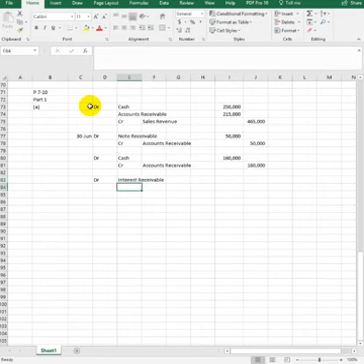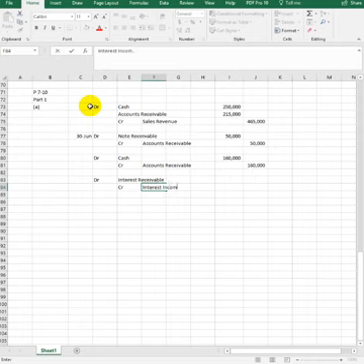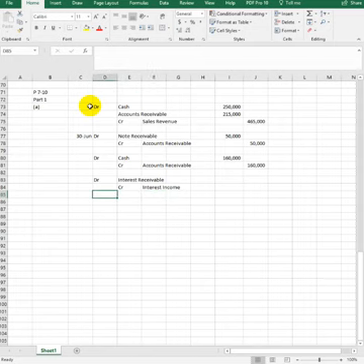At the end of the year, and then we're going to credit interest income in the column, and we're going to do a calculation here. We could do that. It's 50,000 times 11% times 6 months out of the full 12 months. $50,000 is the amount of the note. 11% is the interest rate.